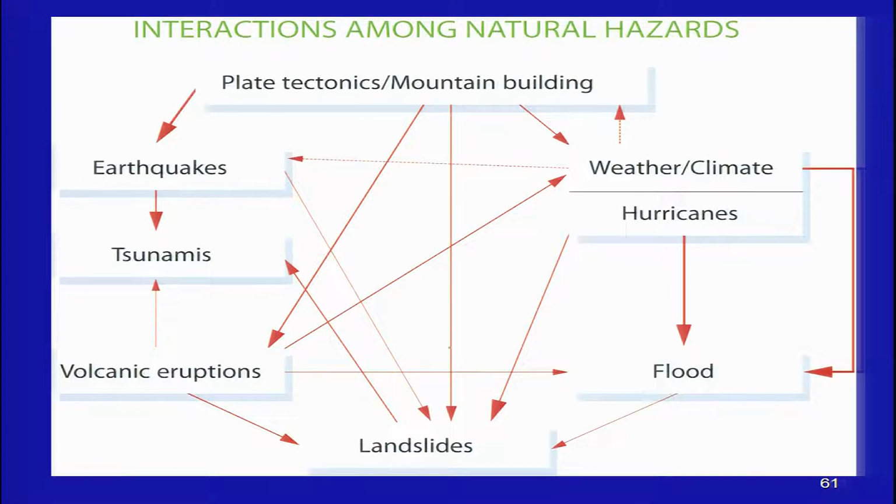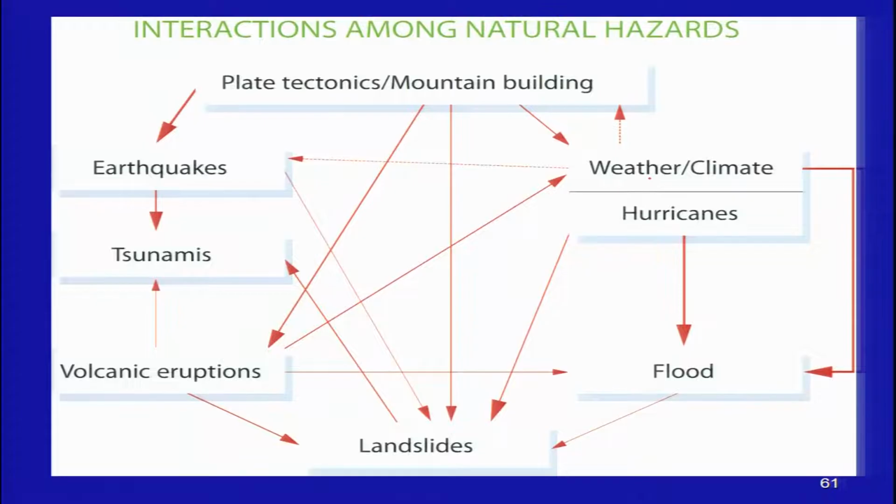So, all of this is interconnected. Weather can also result, but it is not very sure. A volcanic eruption can also affect the weather: of course, with a lot of ash put into the atmosphere, it is going to cool down the area, and it may reduce the temperature by 2 to 3 degrees.